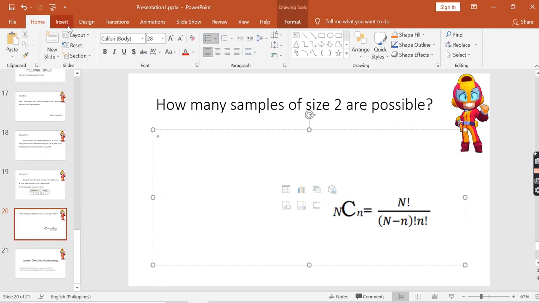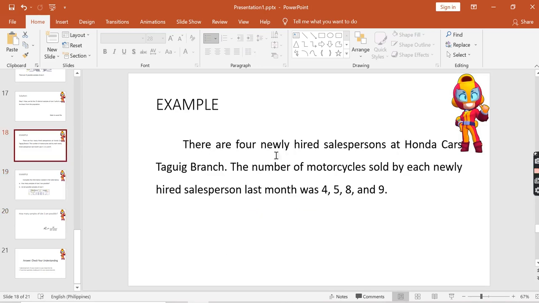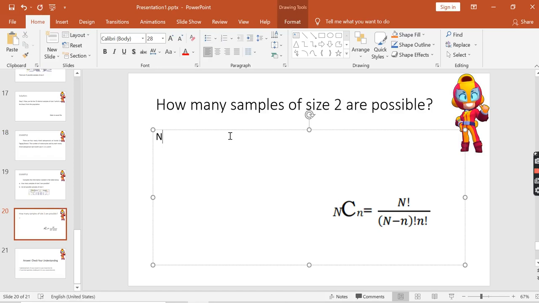Okay, so on our problem, what is the value of capital N here? How many total salespersons do we have that are newly hired? Okay, so we have 4. So N is 4. How about the small n?